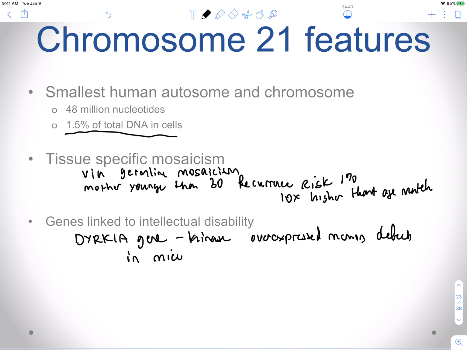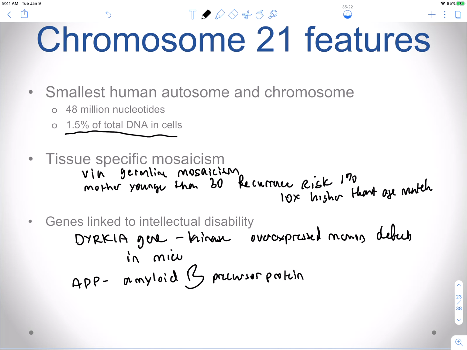Now, why this is thought to also influence or be attributed to intellectual disability, there is another gene on this chromosome called the APP, and this is an amyloid beta precursor protein. Now, this gene also has overexpression again, and this is associated with Alzheimer's disease when Down syndrome patients are presenting with Alzheimer's over the age of 40.